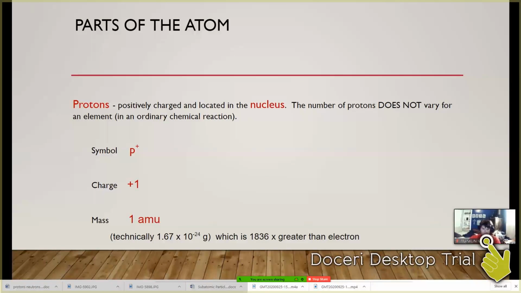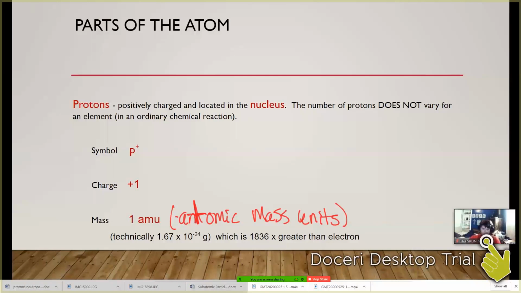The number of protons stays the same under ordinary chemical reactions. If it undergoes a nuclear reaction, that may change, but just under ordinary chemical reaction, it would stay the same. You can see the symbol, the charge, the mass is 1 AMU, which stands for atomic mass units.